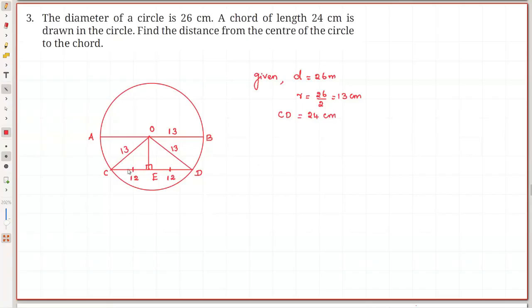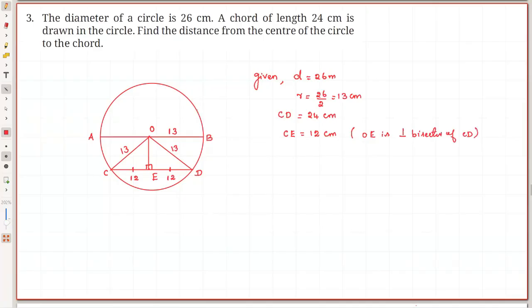OE is the perpendicular bisector of CD, so CE is equal to 12 centimeter. In the bracket, if you want, you can write OE is the perpendicular bisector of CD, dividing it into two equal halves.